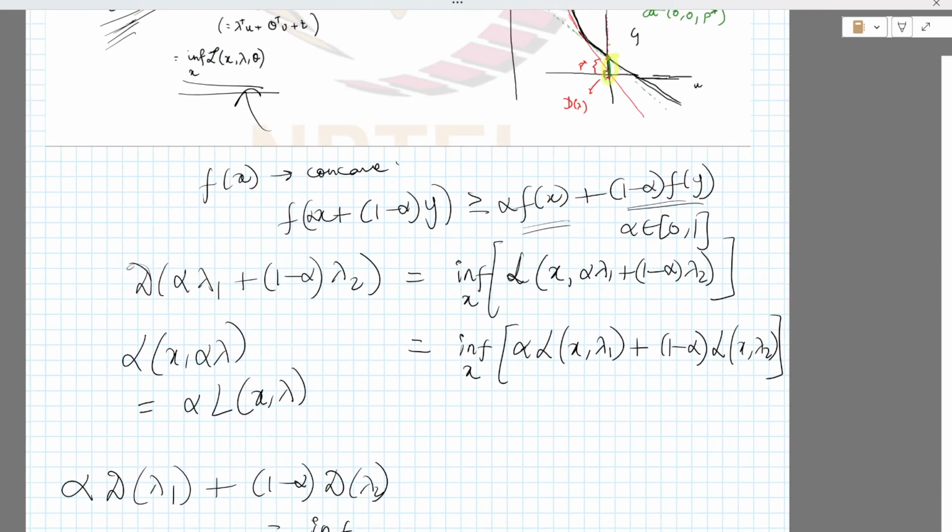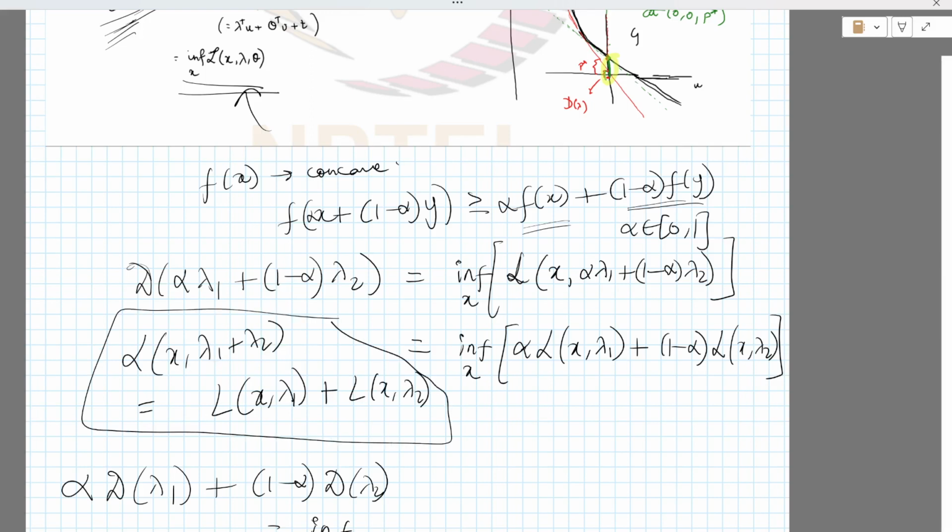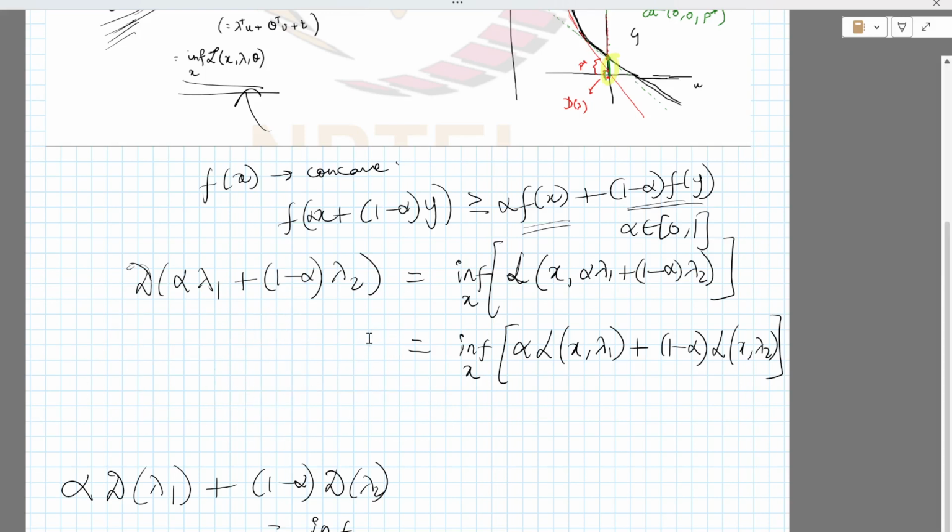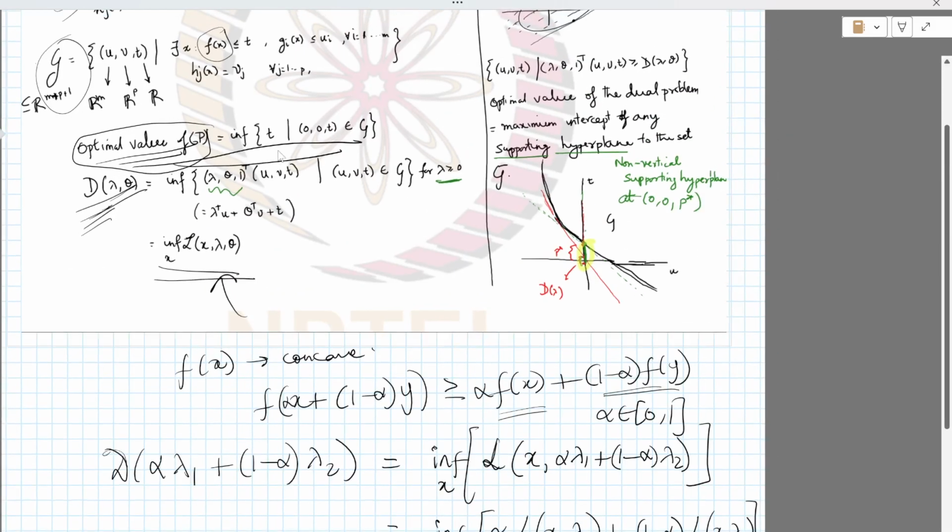And L is linear also means if I write lambda 1 plus lambda 2, this will be equal to this plus the term with lambda 2. This is by the definition of linearity. It is linear because it is defined in that way, right?